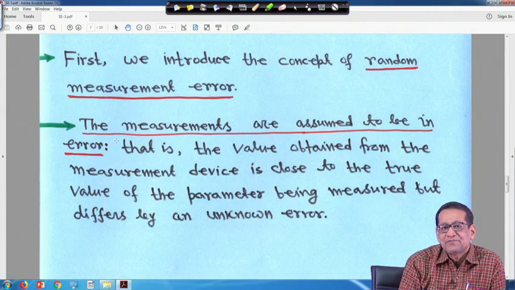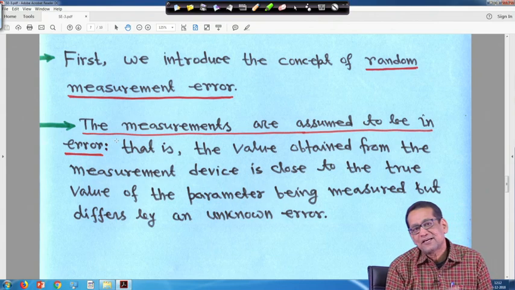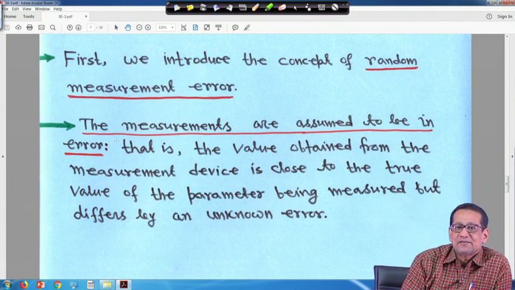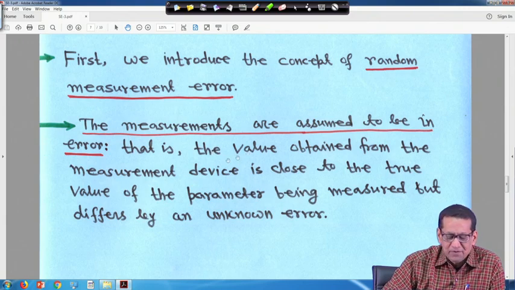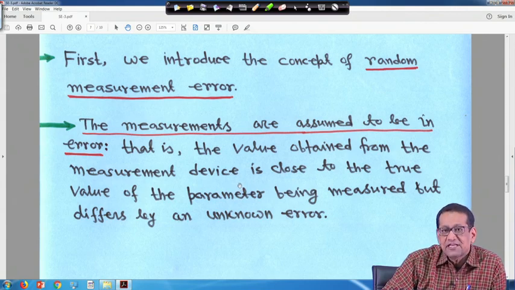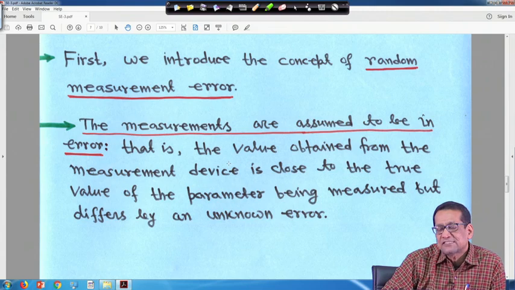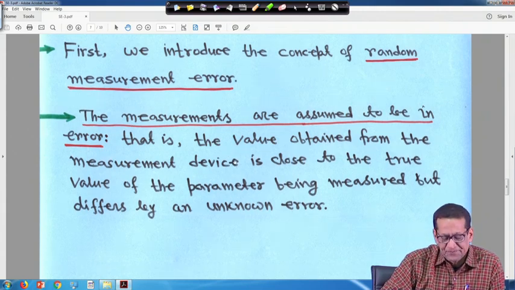That is actually 3 sigma equal to plus minus 3%, the standard deviation, right. So, the value obtained from the measurement device is close to the true value of the parameter being measured, but differs by an unknown error, because the measurement is inexact. So, some error will be there.